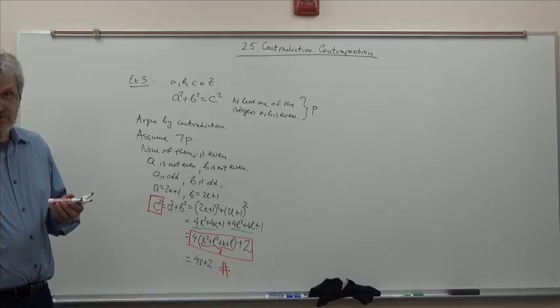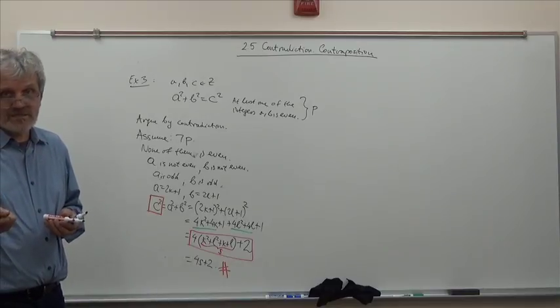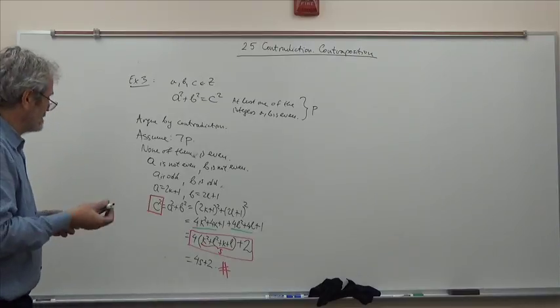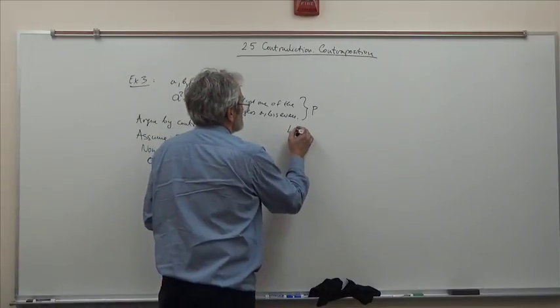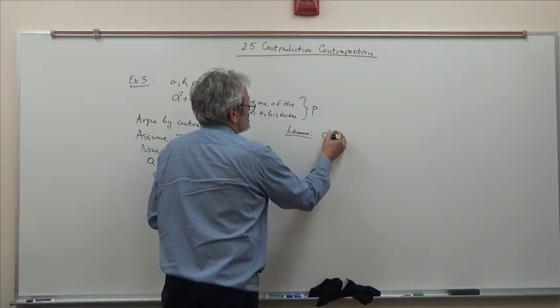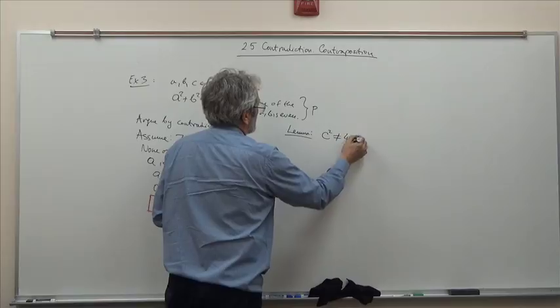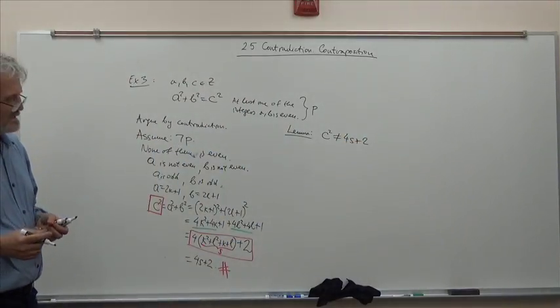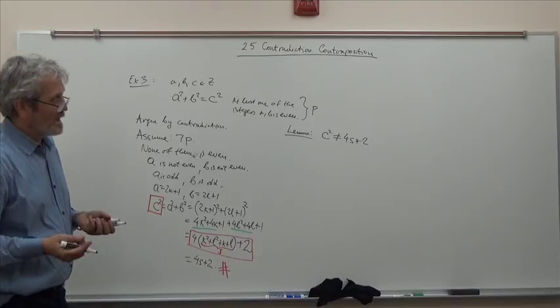And actually that's what in the notes I wrote as a lemma. A lemma is a statement that you prove in order to serve you in the proof of the other statement. So lemma: c squared never has the form 4s plus 2. I wrote it a little better in the notes, but basically that's what it is. Why not?